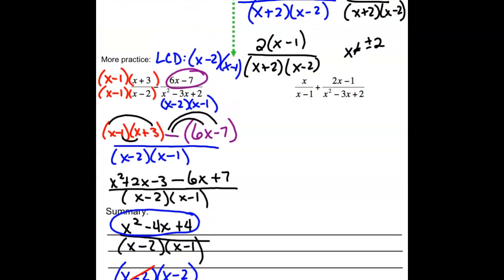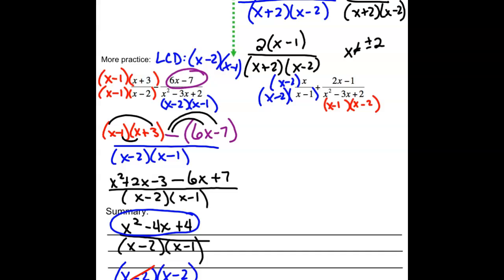All right, let's look at our last one here. We're looking at an addition problem. Our first fraction has a denominator of x minus 1. Our second has the same denominator as our previous example, and we factored this into x minus 1 and x minus 2. So my first fraction here is missing only a piece of it, the x minus 2.